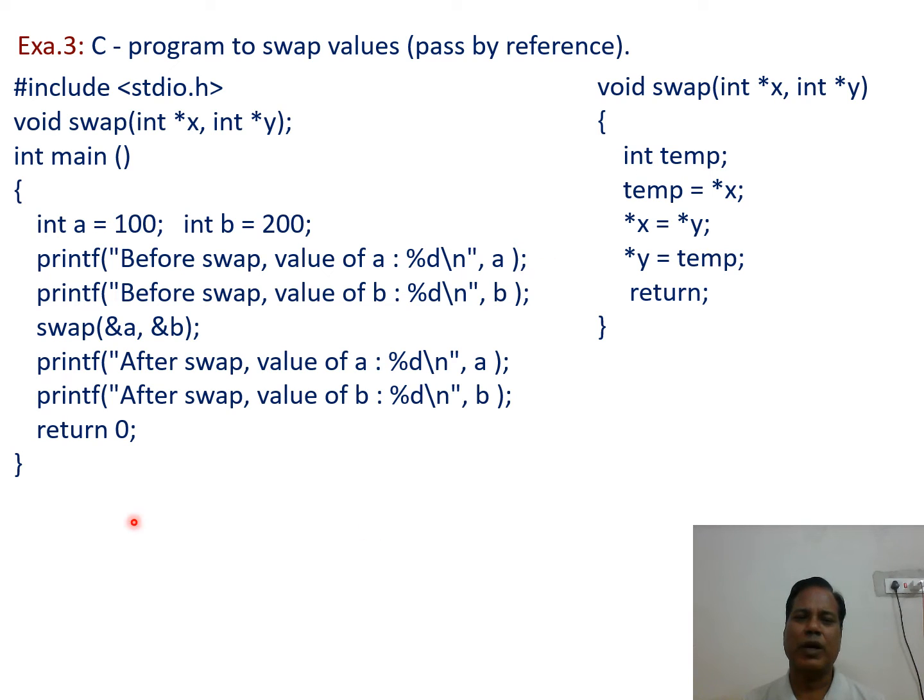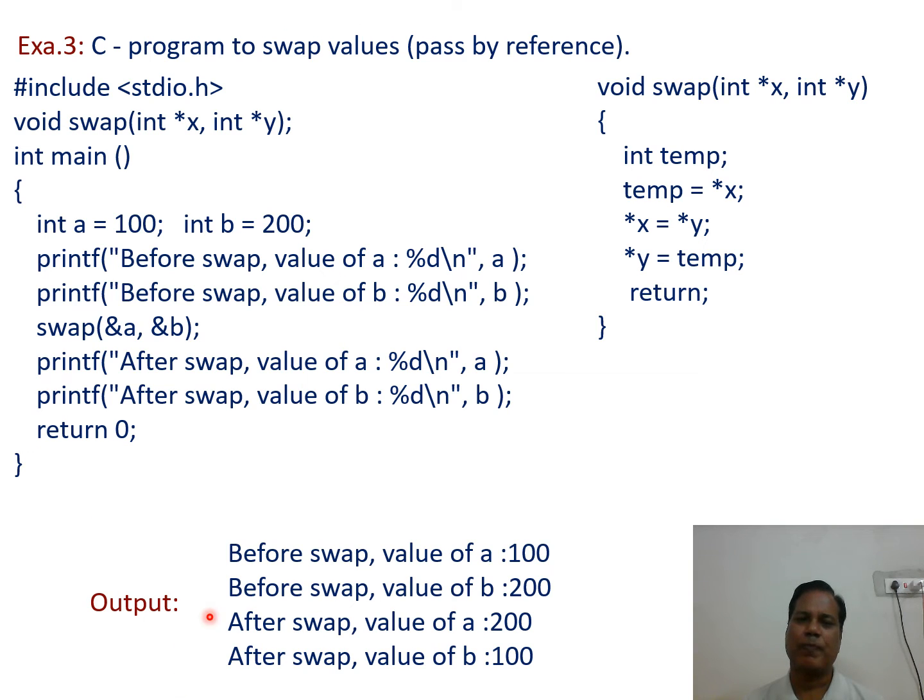So when this program is run, we get the output like this one. Before swap, value of a is 100. Before swap, value of b is 200. But after swapping, the value of a is 200, and after swap the value of b is 100.